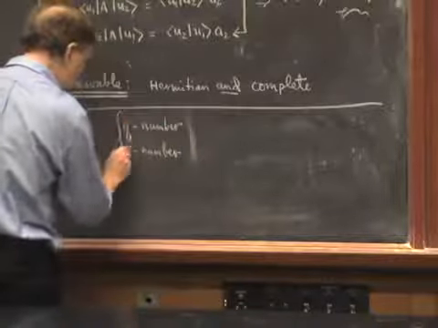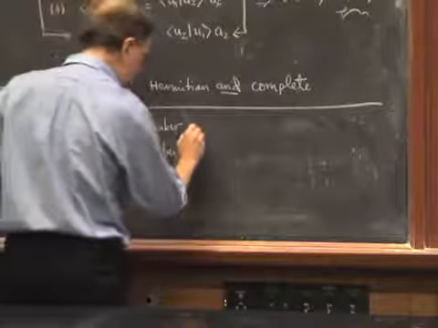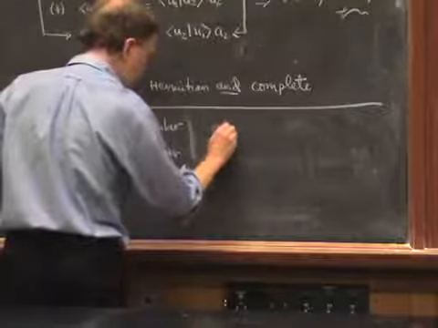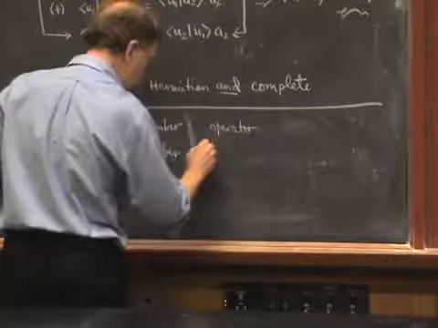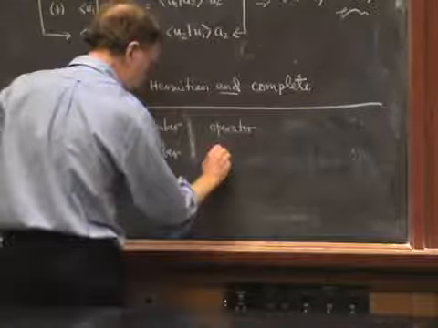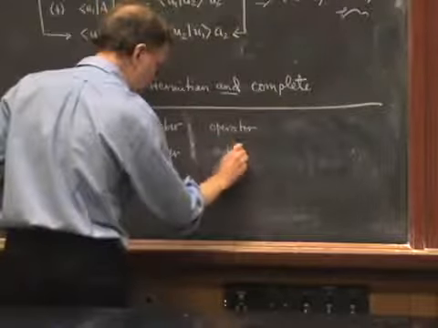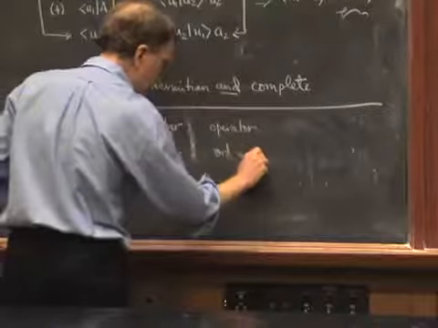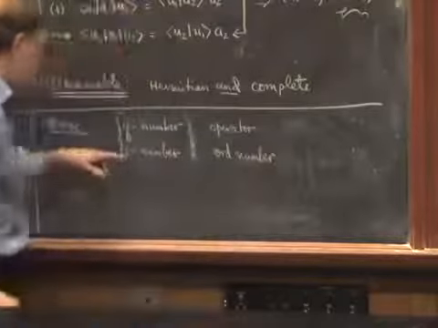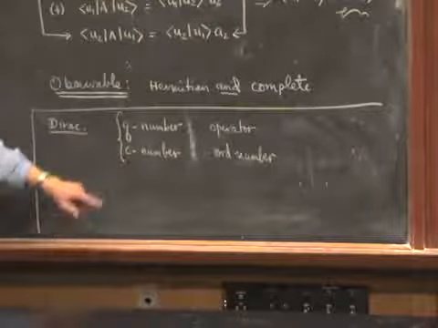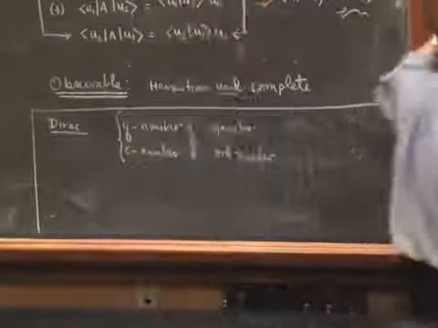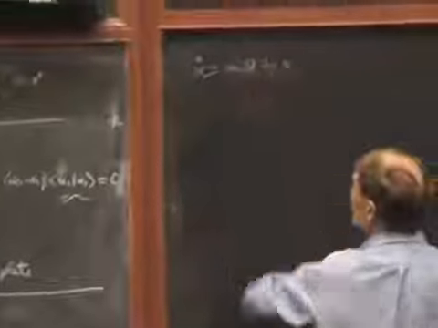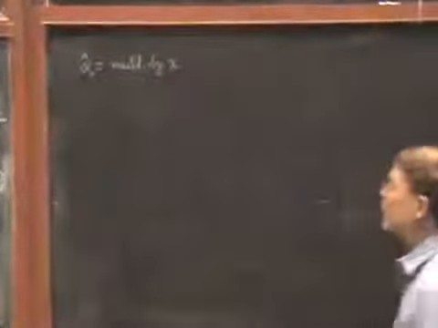A Q number is just Dirac's terminology for an operator, and a C number is a terminology for an ordinary number, that is to say, an ordinary complex number. I remember this because C stands for complex. But anyway, the distinction here is that x hat is the Q number and x is the C number.